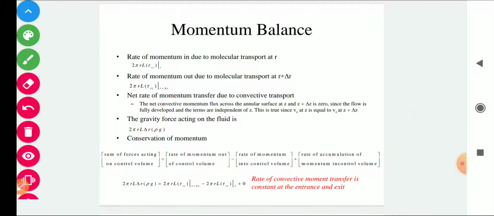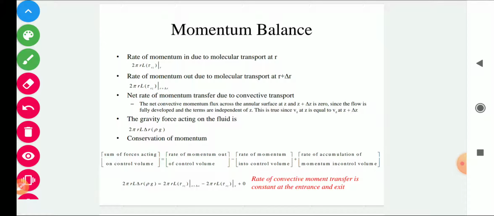The net convective momentum flux across the annular surface at Z and Z plus delta Z is 0, since the flow is fully developed and the terms are independent of Z. It means the velocity at Z is equal to velocity at Z plus delta Z.